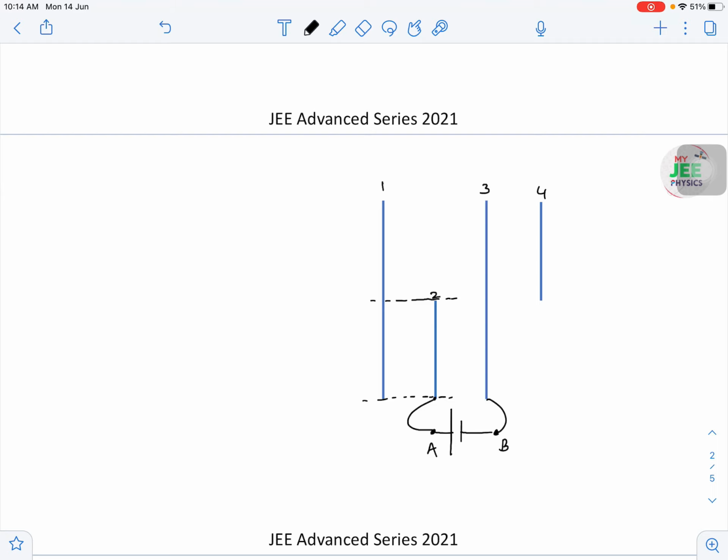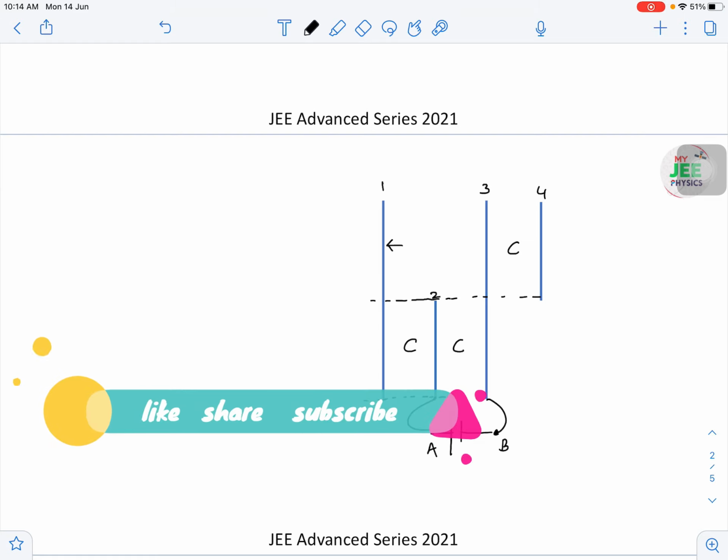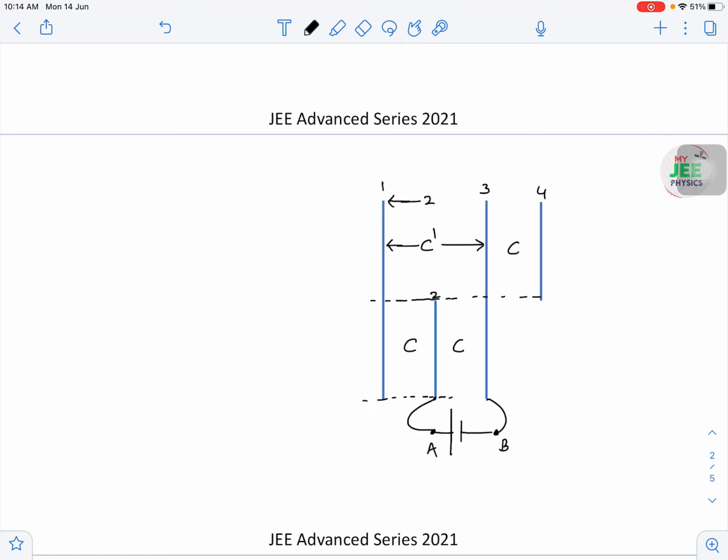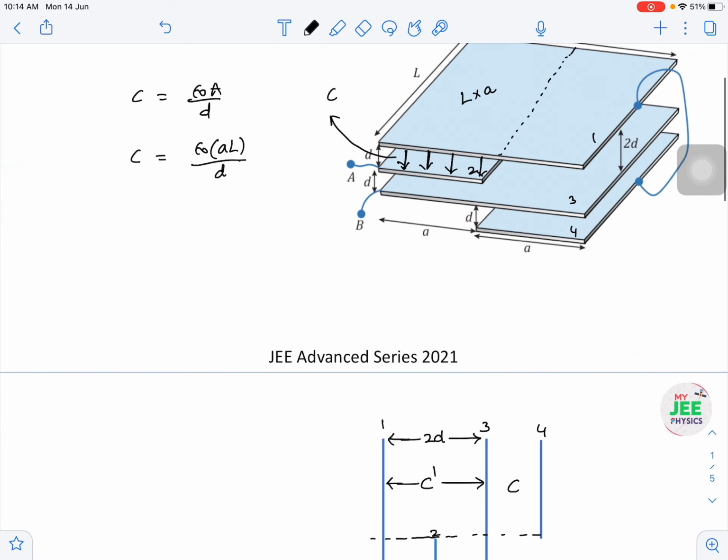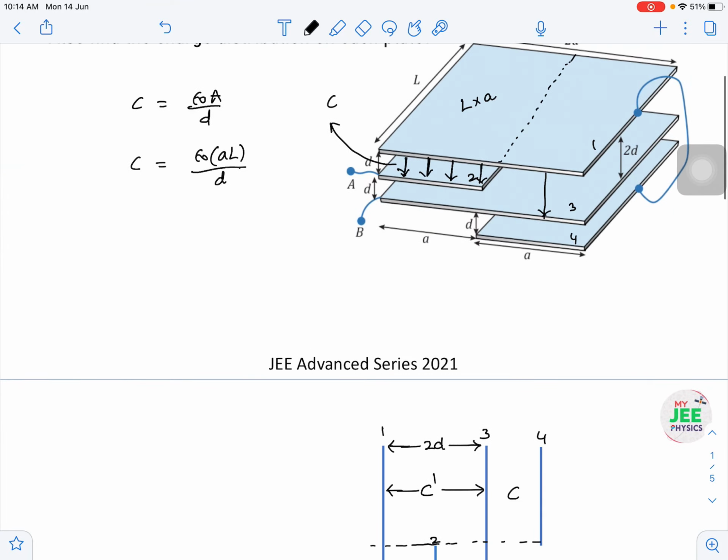So this is the capacitance C, and this also will have the capacitance C. Even this combination, the upper part of the third plate and the fourth plate, also forms the capacitance C. The upper half of the first plate and the upper half of the third plate will form some other capacitance, C dash. The distance between these two plates is 2D. If you want, you can check: between 1 and 3, the distance would be 2D.